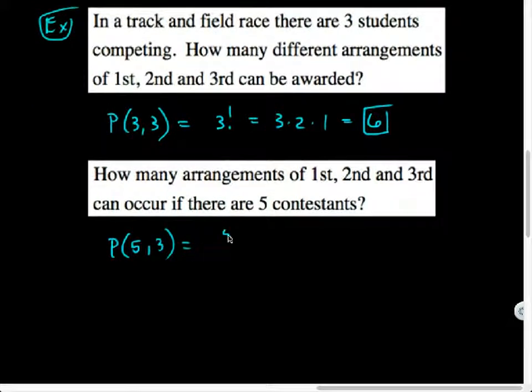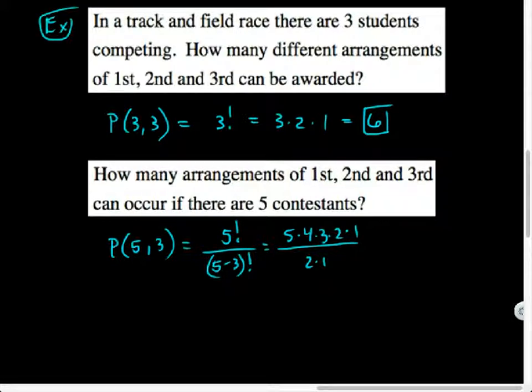So this is going to be 5 factorial over 5 minus 3 factorial. So 120. I'll actually write this out this way. 5 minus 3 is 2, so that's 2 factorial, or 2 times 1. I just want to get us in the habit of thinking of how these can cancel out.